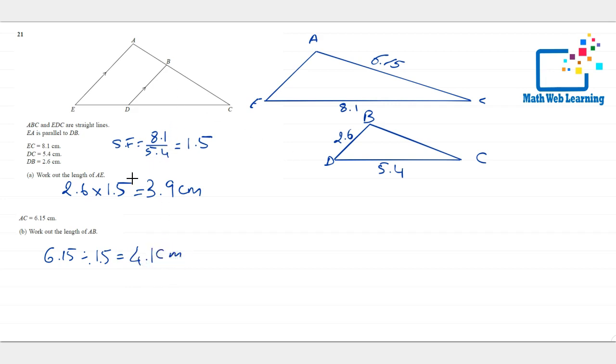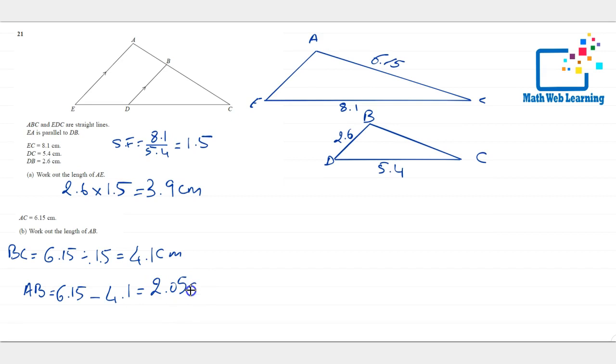That is the length of B to C. I should have written it here. So therefore, to work out A to B, I need to do A to C, which is 6.15, minus B to C, which is this one here we just worked out, 4.1. And the answer to that is 2.05 centimeters. And that's how you answer question 21.